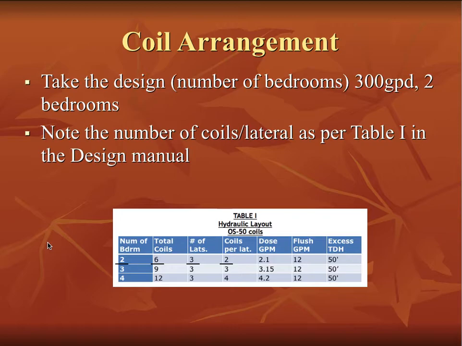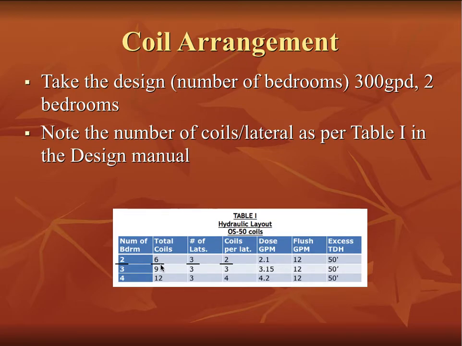Another thing to note is the coil arrangement. So continuing with the arbitrary numbers that we've been working with, a design flow of 300 gallons per day, or 2 bedrooms, there are coils per lateral. And there's a table, in this case, since we're working with OS50 coils, table 1 in the design manual. You'll see that for a 2-bedroom system, you'll have a total of 6 coils, which makes sense.